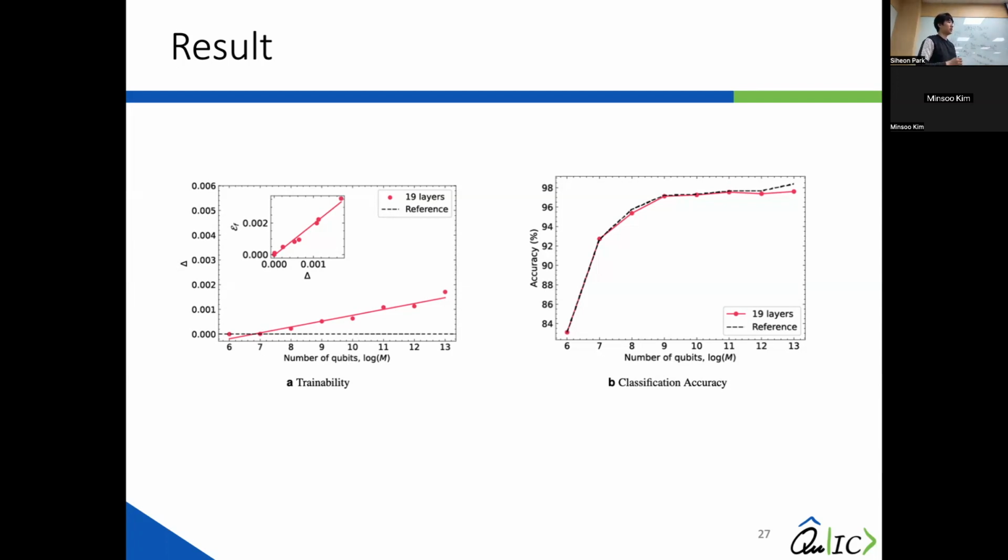In terms of the problem, if M is the number of training data we try to learn, then log M is the number of qubits for the ansatz. So that's the relation. So if we input more training data, which we should, it needs more qubits and it's harder to train.